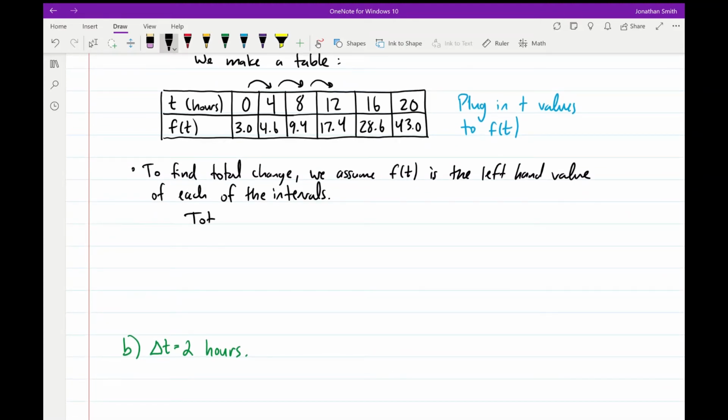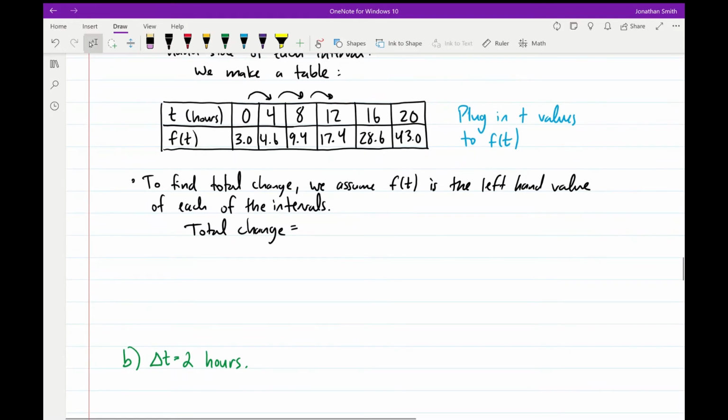Okay, and now we just have to do a calculation. So the total change is going to be equal to the time from 0 to 4, so we get a 4, times the value of f of t at the left-hand side of that interval, we get a 3.0, plus 4, which again is the length of this interval from 4 to 8, times the value of f of t at the left-hand side of the interval.